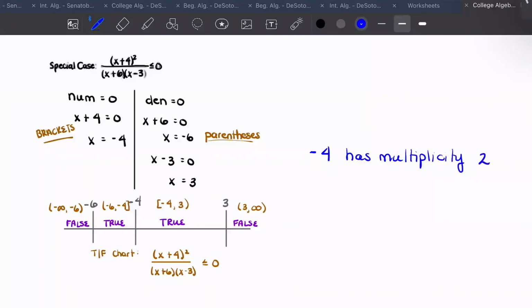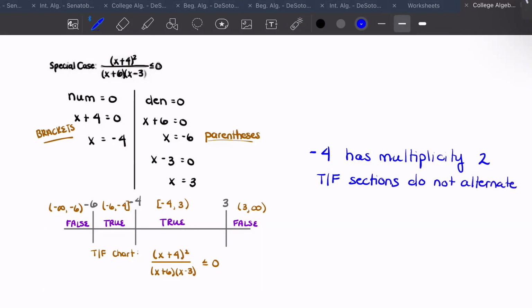Okay, notice I get that from here, right? X plus 4 has multiplicity 2. So your true false sections do not alternate.